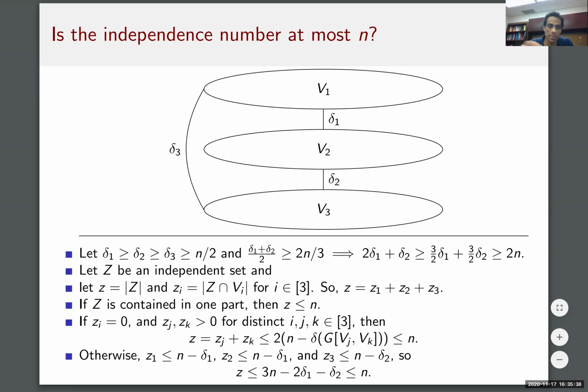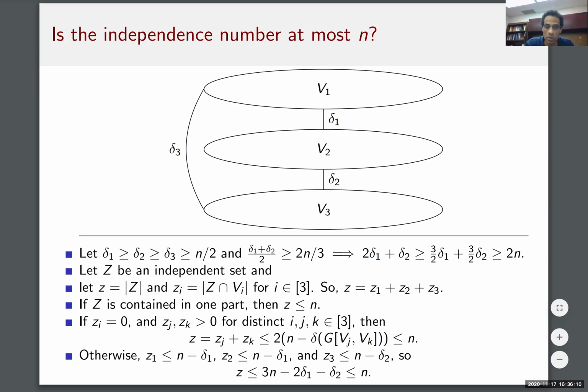Okay, and then you're doing something similar if the independent set intersects each one of the parts. Because then you can think, how big could Z1 be? Well, I look at a vertex here that's in my independent set. I look at its neighborhood. It's delta 1. So that means that Z1 has to be less than or equal to n minus delta 1. If I look at a vertex here that's in my independent set, all of its neighbors are not in the independent set.